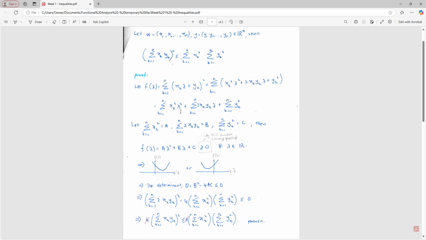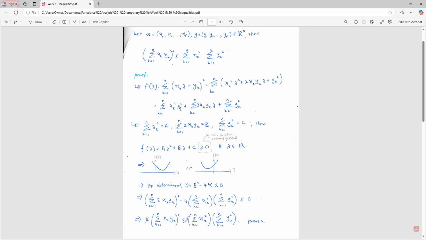If you realize, actually we have a quadratic function now. Here this is lambda squared, this is lambda, and we don't have any variable here. So this should be our a and b.